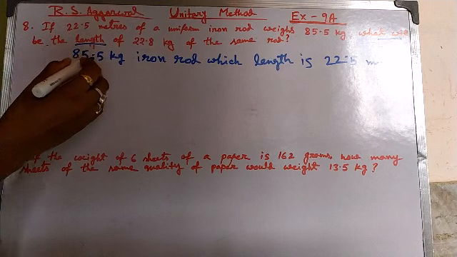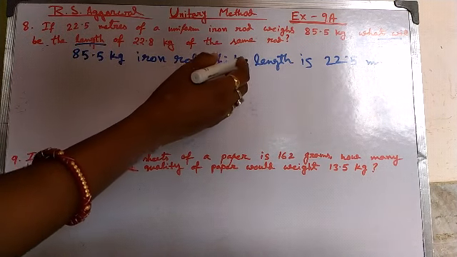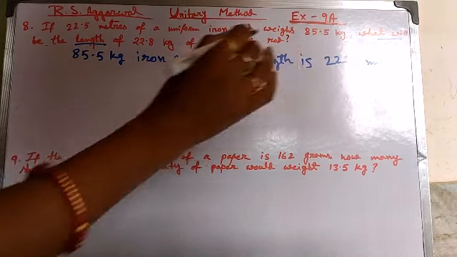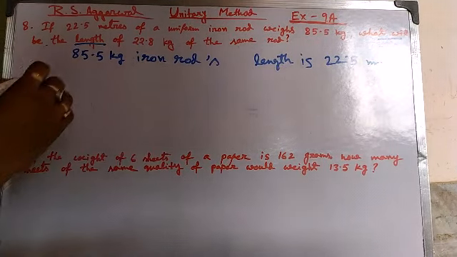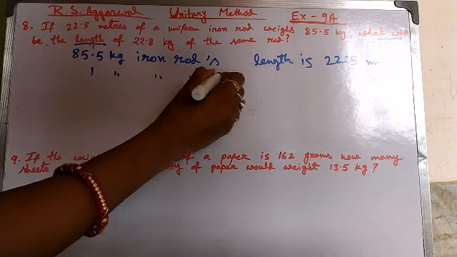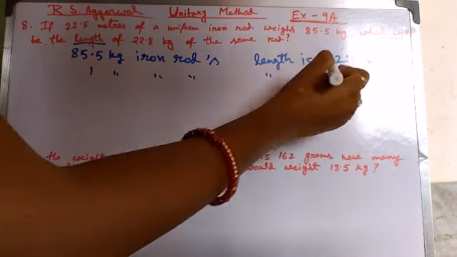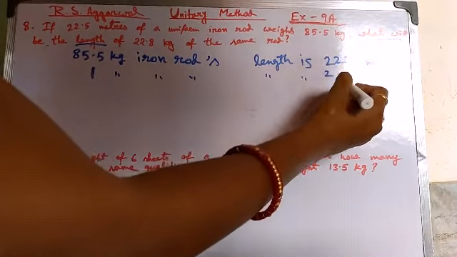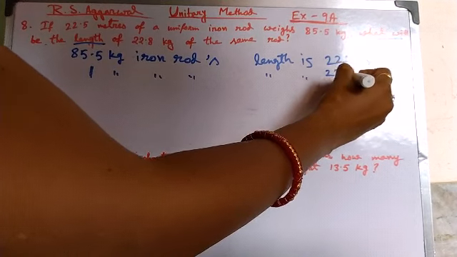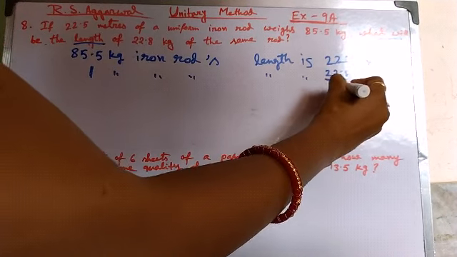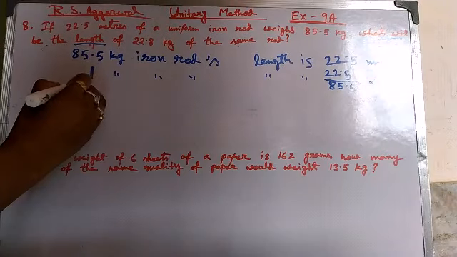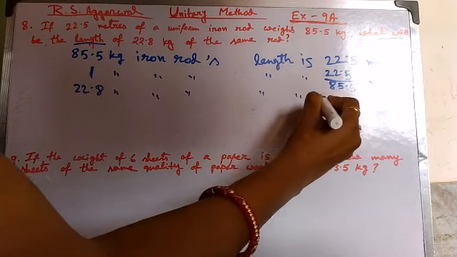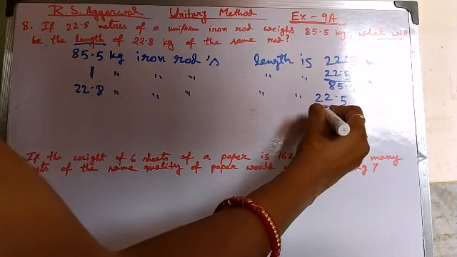So 85.5 kg iron rod length is 22.5 meter. Okay, 1 kg iron rod's length will be lesser, because 1 kg iron rod's length obviously will be smaller. So that should be divided. And then last one, 22.8 kg iron rod's length, that will be multiplied.